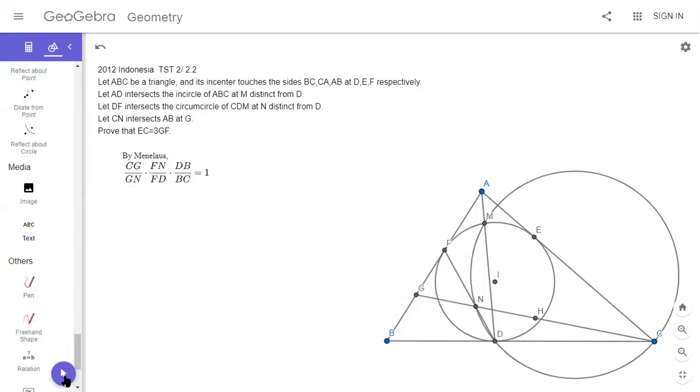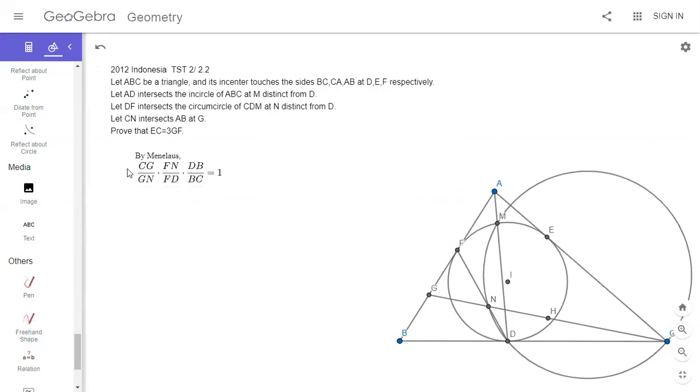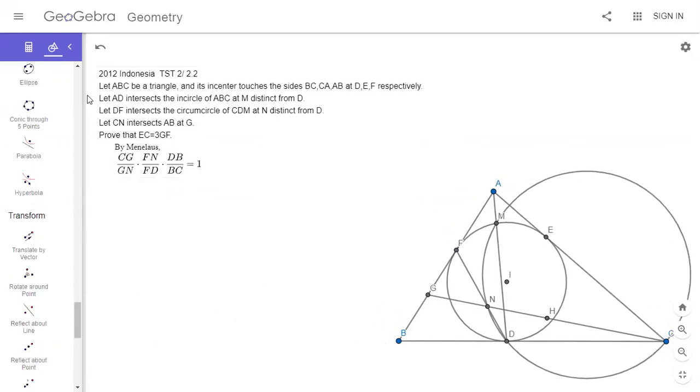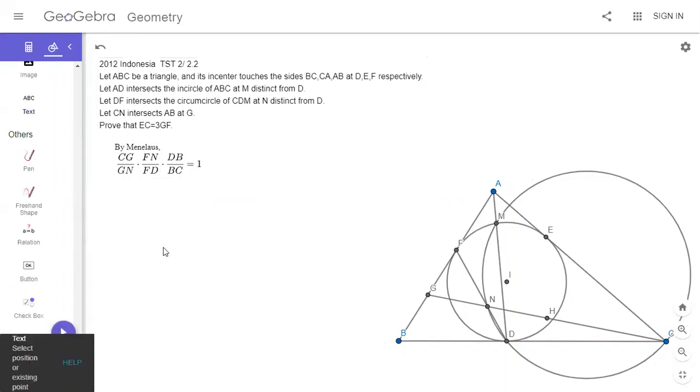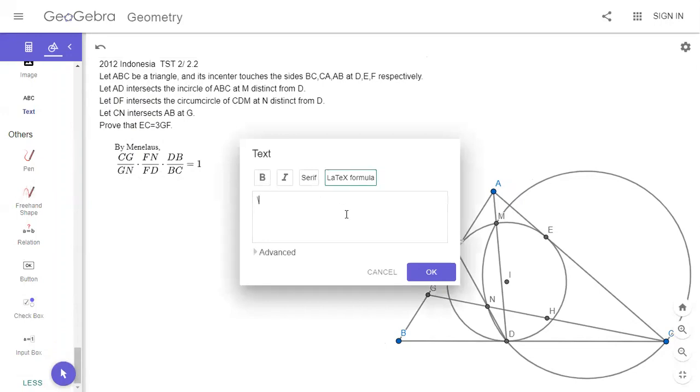Let me make even a little more room here. So we have angle MNF is equal to angle MCD, and also angle MFN is equal to angle MFD is equal to angle MDC.